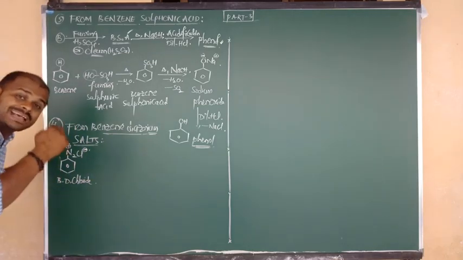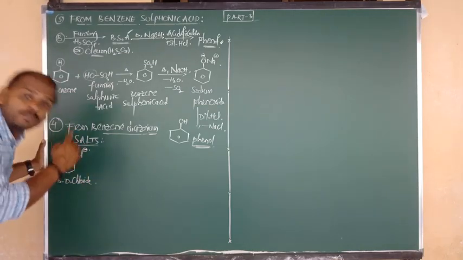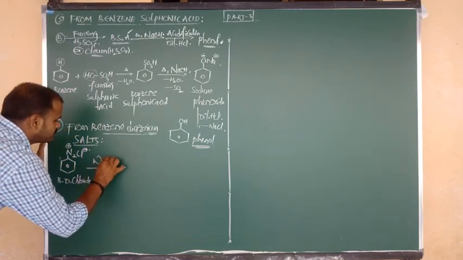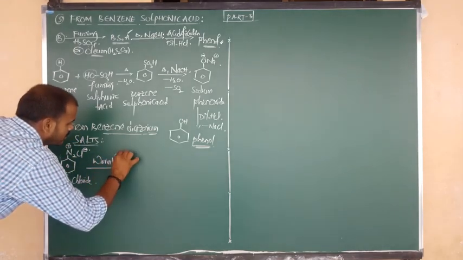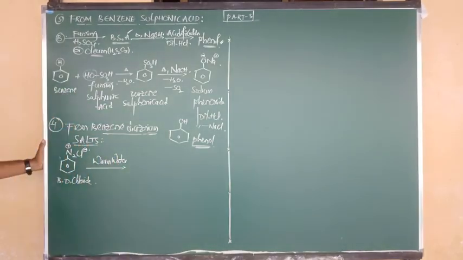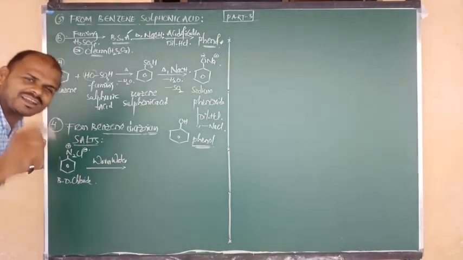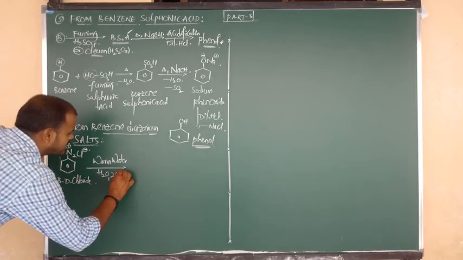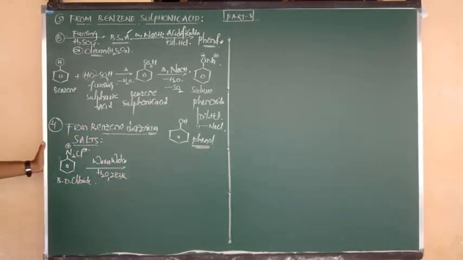To that benzene diazonium chloride, now I am going to add warm water, or hot water. Addition of hot water takes place at a temperature of 283 Kelvin.